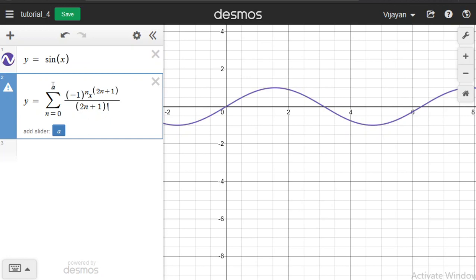So this is the expression we got from the Taylor series expansion of the sine function.